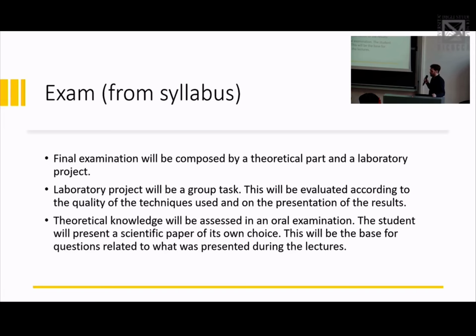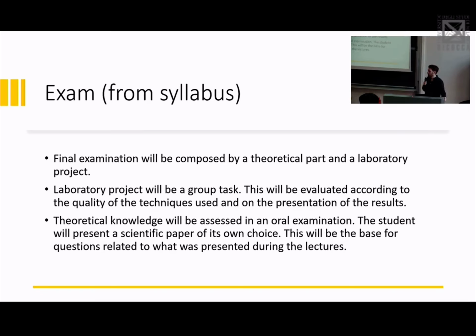Okay, so that was just an introduction, just to finish the overview of the course. Concerning the examination, this course is, as we said, just 3 credits. It's pretty fast, and we have only 7 hours of theory.